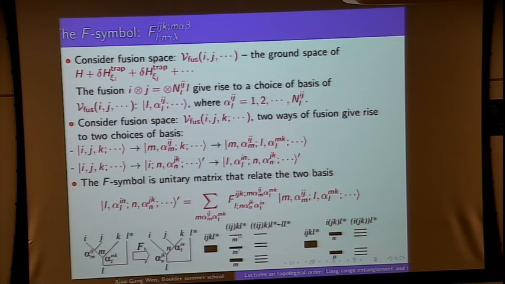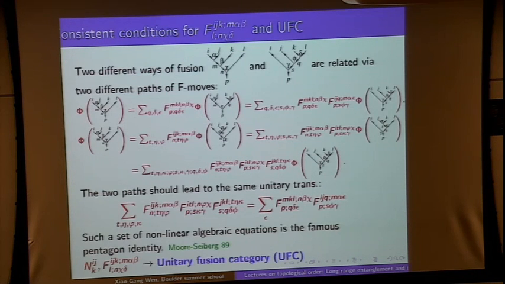This F symbol satisfies a certain consistency relation, very similar to what Michael talked about, when we try to fuse four particles I, J, K, L into one particle P. Again, different ways of fusion give different ways of splitting, and all those bases are related by the F matrix.